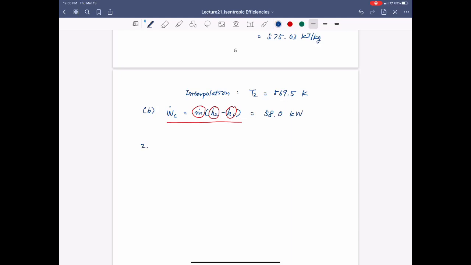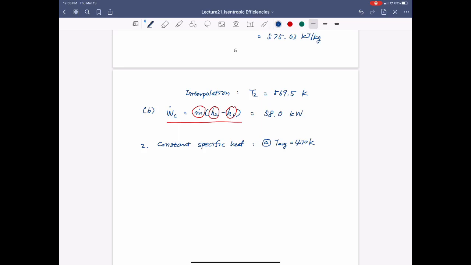Now, what if we use constant specific heat? Okay, so let's assume that I already gave you the constant specific heat at an average temperature of approximately 470 Kelvin.